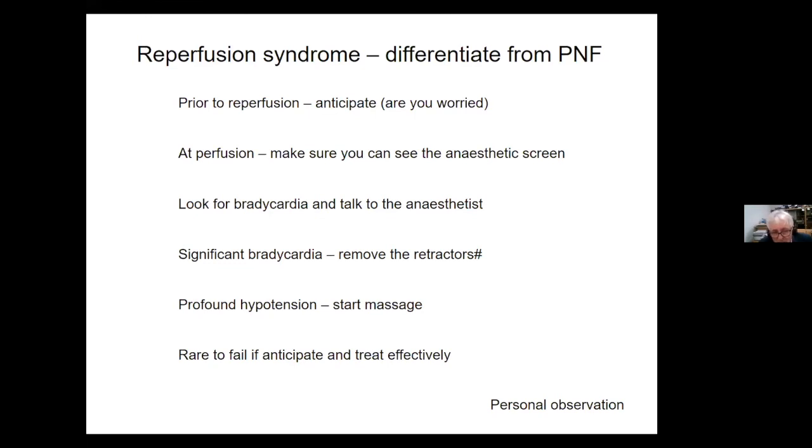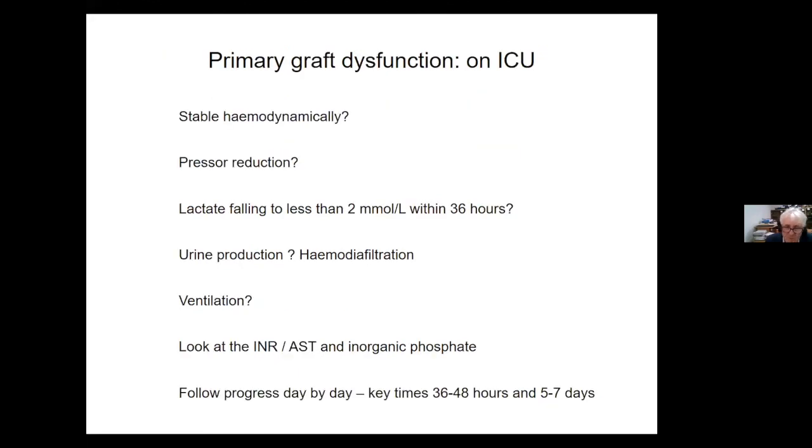And if profound hypertension develops in conjunction with bradycardia, start cardiac massage. If you anticipate this, if you start treatment early with early massage and treat it effectively, you will rescue the patient. There's not going to be an issue here. So differentiate reperfusion syndrome from primary non-function.